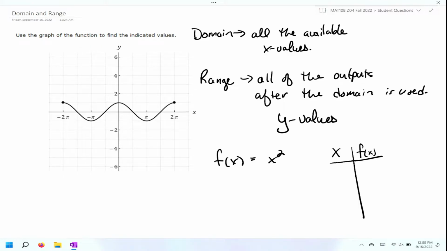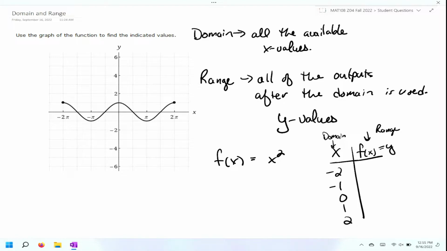And let's say I use the values -2, -1, 0, 1, and 2, okay? Notice that my x values are my domain, and my f of x values, we can think of them as y. This is going to be my range. So what I'm interested in for the range is after I've used my domain into the function, or after I used an x value into my function, the output is going to be its range, okay?